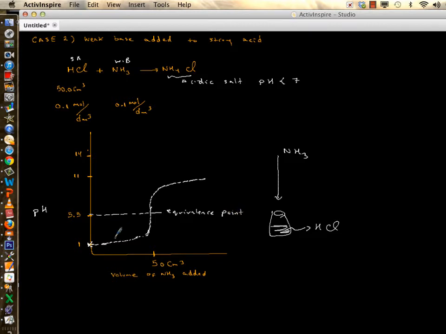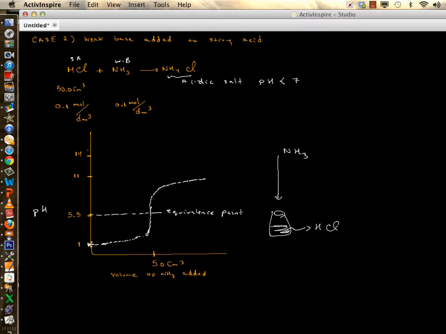Nothing so crucial about this case, except remember it, because once I do my case number 4, I want you to come back to this. What happens if we change the scenario, if you add strong acid to the weak base?